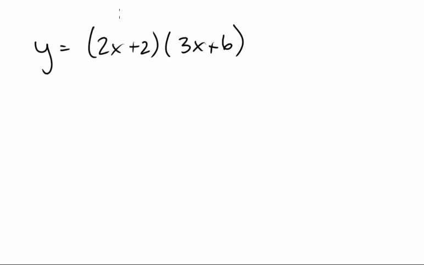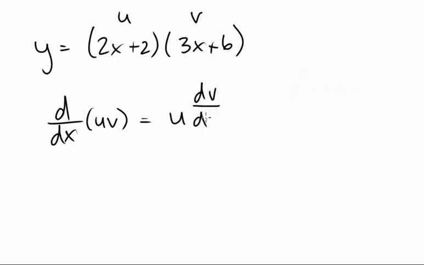So if I call this function u and this function v, the product rule states that the derivative of two functions of x multiplied by each other is going to be equal to u, the first function, unchanged, times the derivative of the second function, plus v, unchanged, times the derivative of the first.